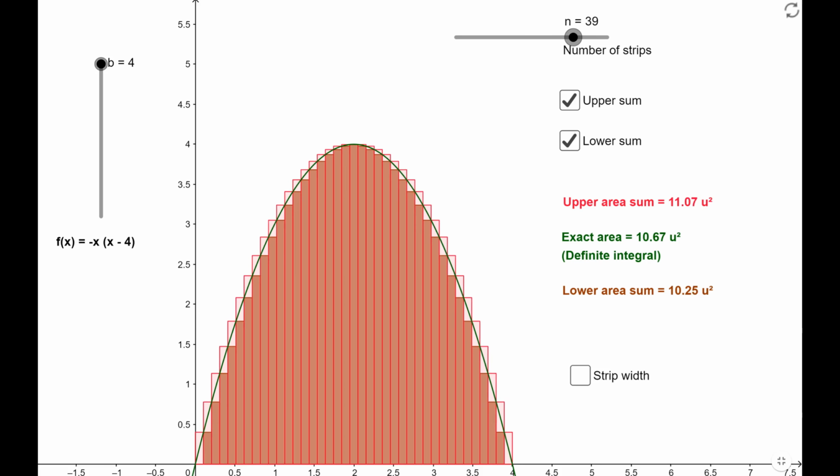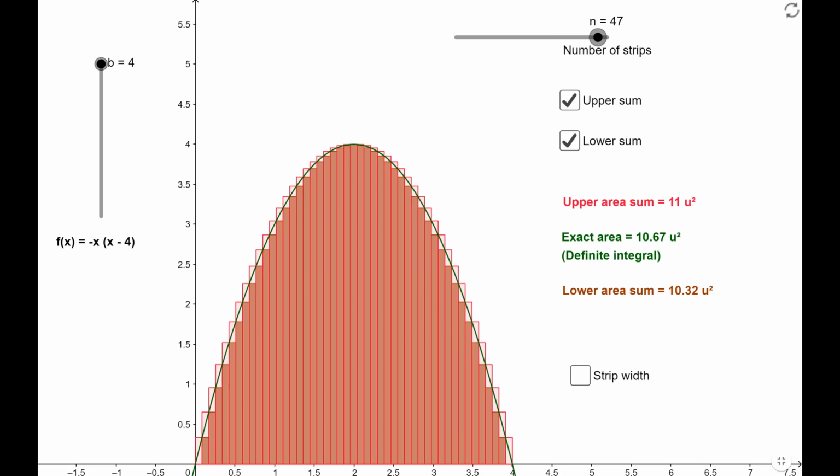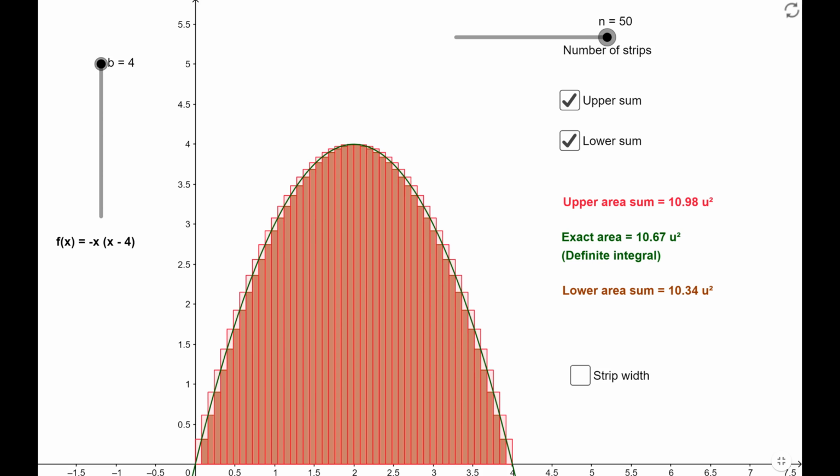If I go up to the limit of what this simulation will let me do, that's breaking it up into 50 rectangles, you can see that the upper estimate of 10.98 and the lower estimate of 10.34 are closing in on our exact value. Obviously if we took that to infinity, with lots of rectangles that are infinitely thin, we're going to get very close to the exact value.